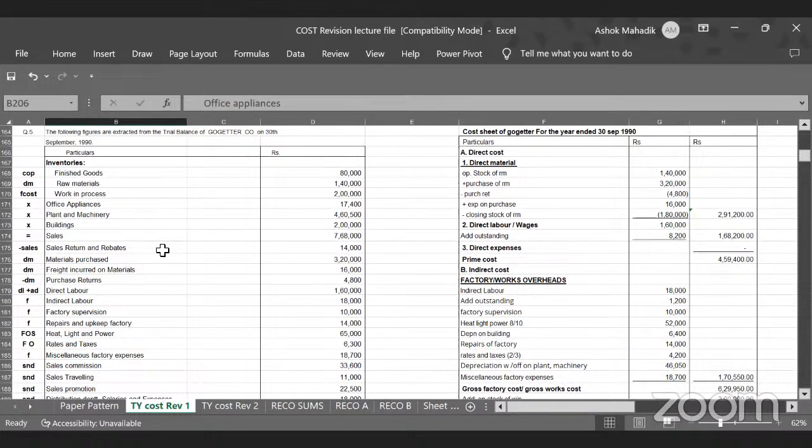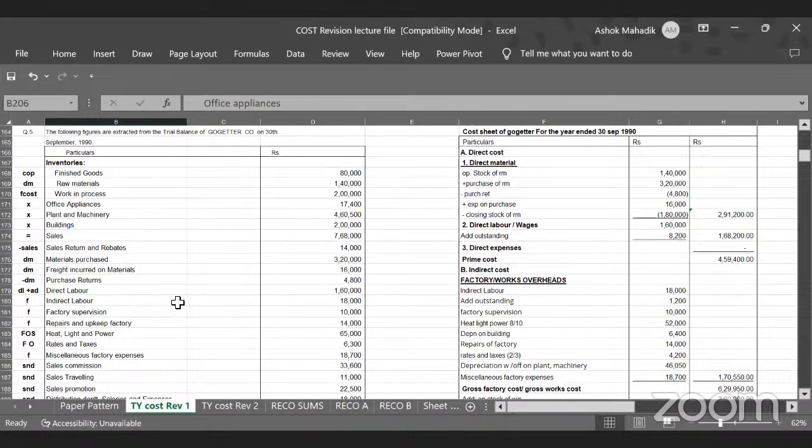Building will go to, I think the ratio is given. So divide them among the three departments. Okay. Sales, returns, and rebates. So this comes, sales return, so subtract from sales. Material purchase, DM, freight, DM, purchase return less from direct material.